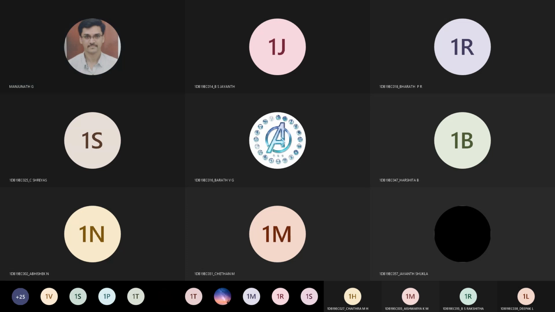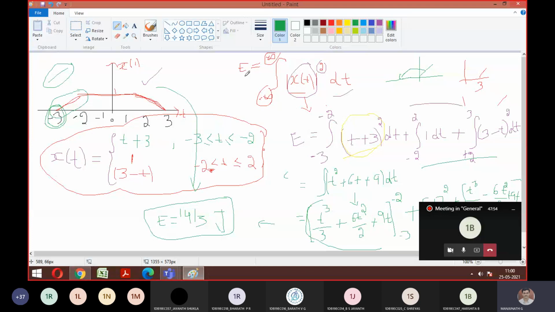So let me come back. Let me write the answer. After applying for the first term, I think you told t cube by 3 is the first one, Jayant. I think you have split it like this. So t cube by 3, you have applied your upper limit, lower limit, minus 3 to minus 2.